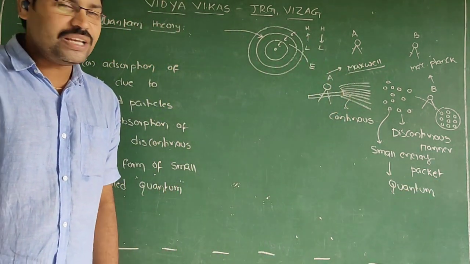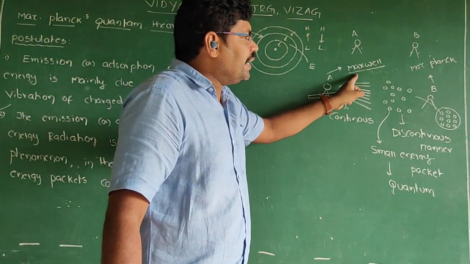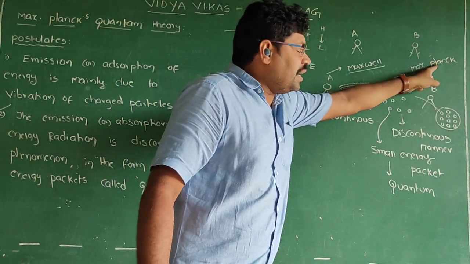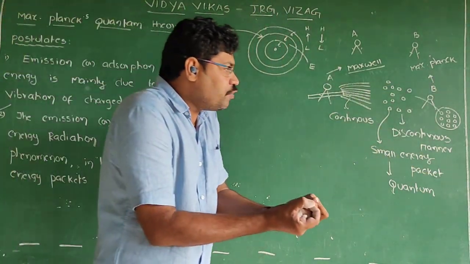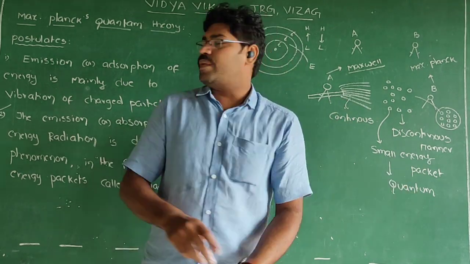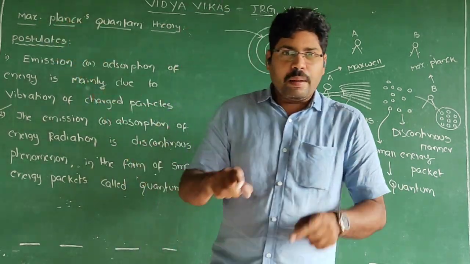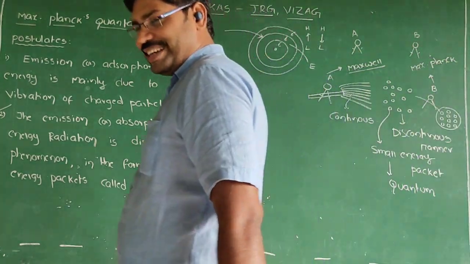Have you got it? So that is the difference between the wave theory of light and Planck's quantum theory, dear students. Each energy packet that Mr. Planck named quantum, and that's why this theory is called Max Planck's quantum theory.